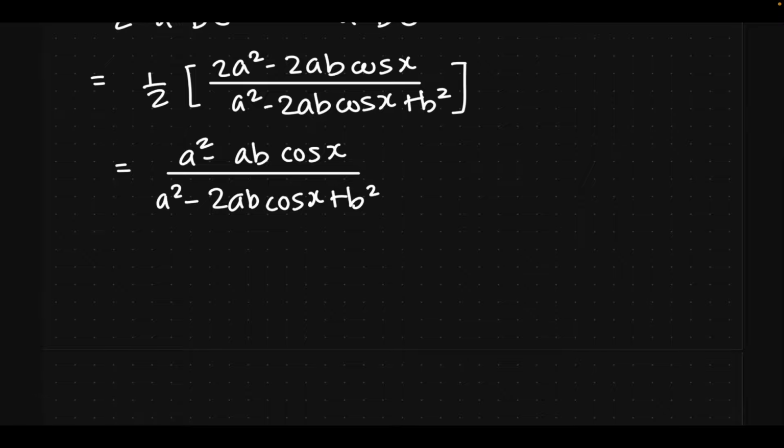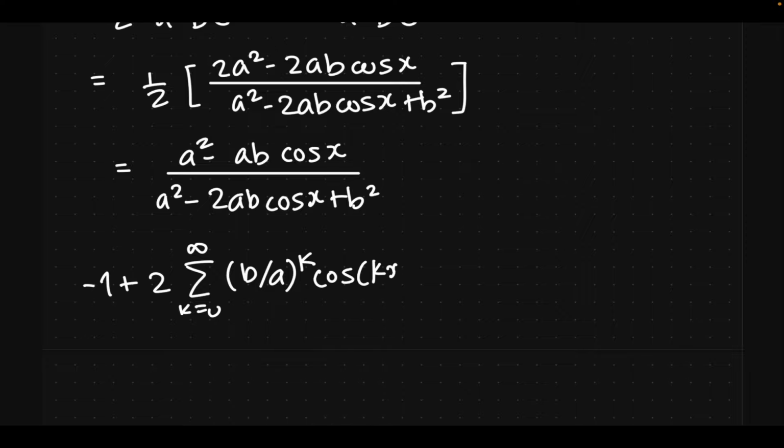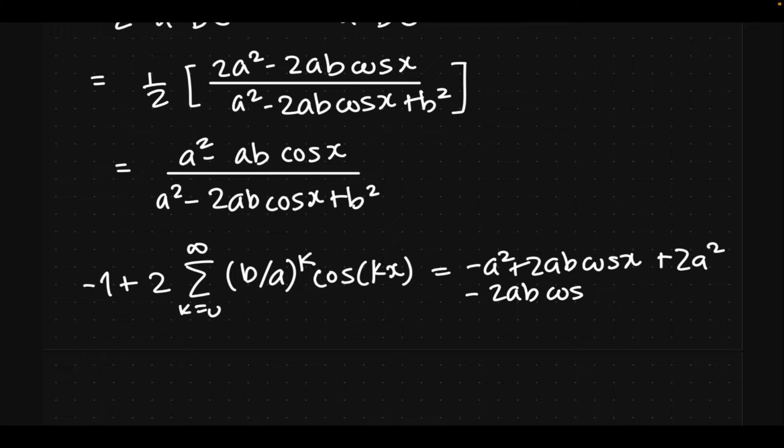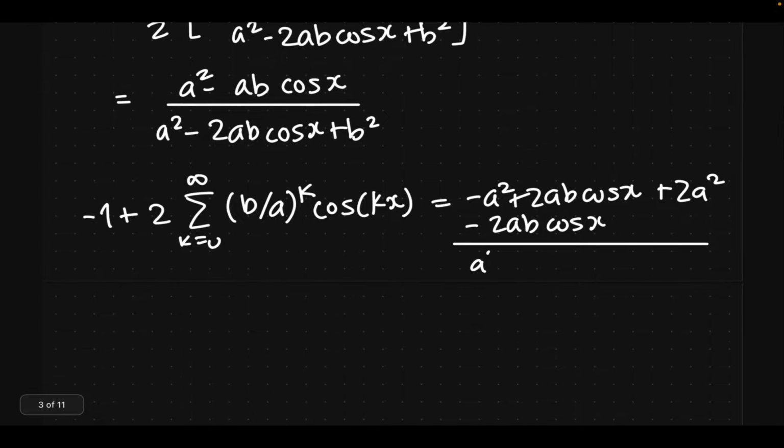Now if we add minus 1 times the series that we had, 2 times the sum to infinity of cosine kx, you'll see that the numerator actually cancels out, because we have negative a squared plus 2ab cos x plus 2a squared minus 2ab cosine x, divided by, well, the denominator is the same.